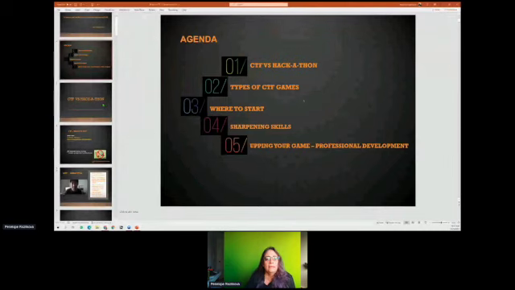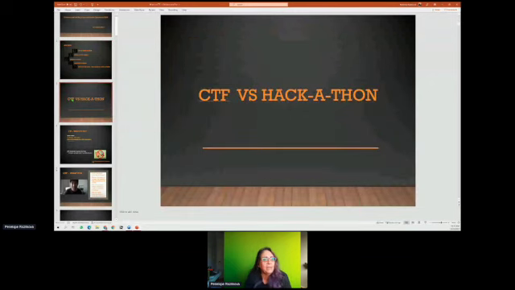So what is the difference between a CTF versus a hackathon? When you hear hack, you think hacking into things, which, if you look at the history of cybersecurity, one of my favorite books in cybersecurity is The Cuckoo's Nest by Cliff Stoll. If you read that book, it'll be very clear where the hack part comes from, based in the coding.